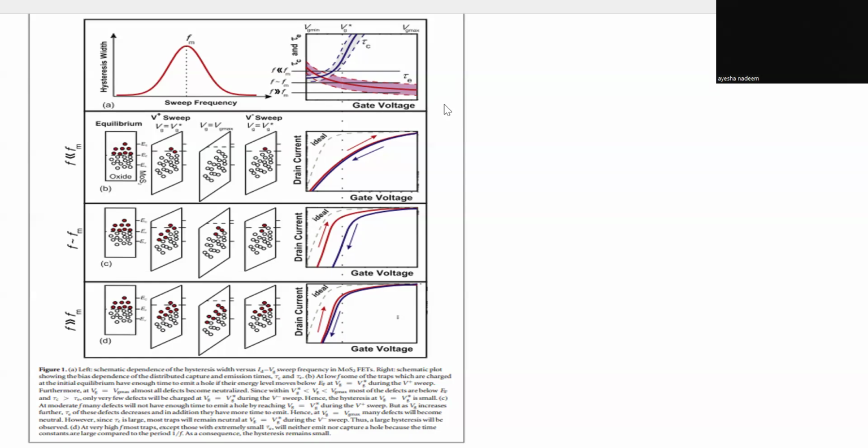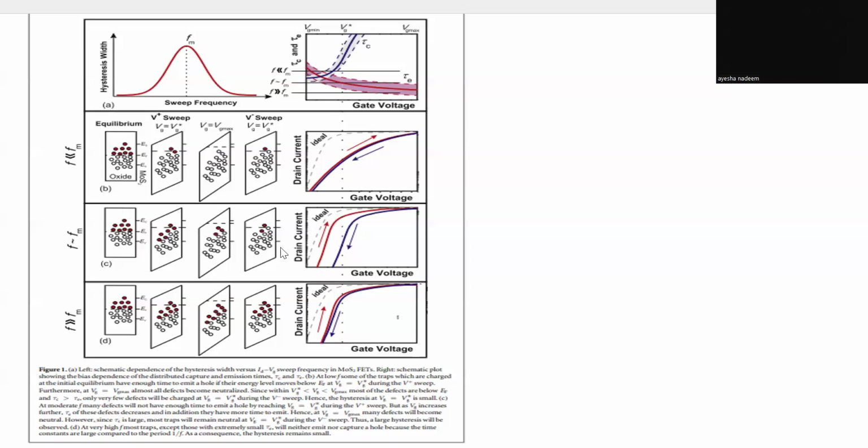And figure B shows that at low frequency, some of the traps which are charged at the initial equilibrium have enough time to emit a hole if their energy level moves during the sweep, and if their energy moves at Vg equal to Vg plus during the V plus sweep.